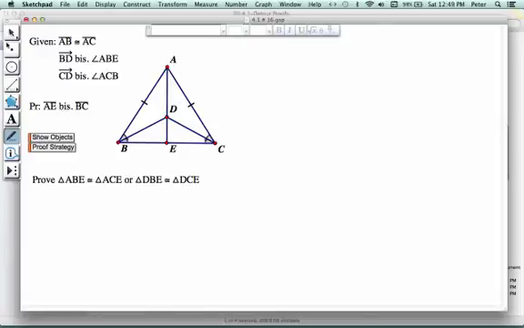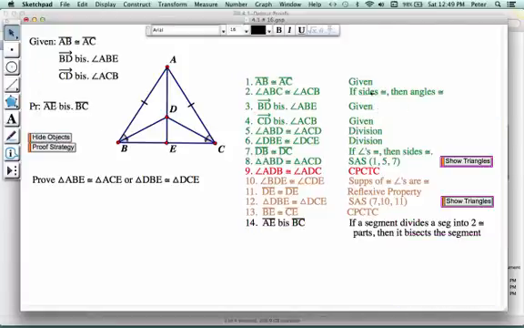Alright, so here's my proof. I first started out with AB congruent to AC, and then angle ABC congruent to angle ACB. We take the two givens, that BD and CD are bisectors, and that means that angle ABD is congruent to angle ACD.